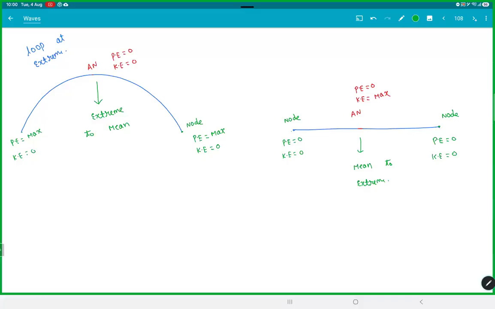So you know what is happening in this process? Energy is actually transferring from node to antinode. So energy is flowing within the segment. When the string goes from extreme to mean position, energy flows from nodes to antinodes.